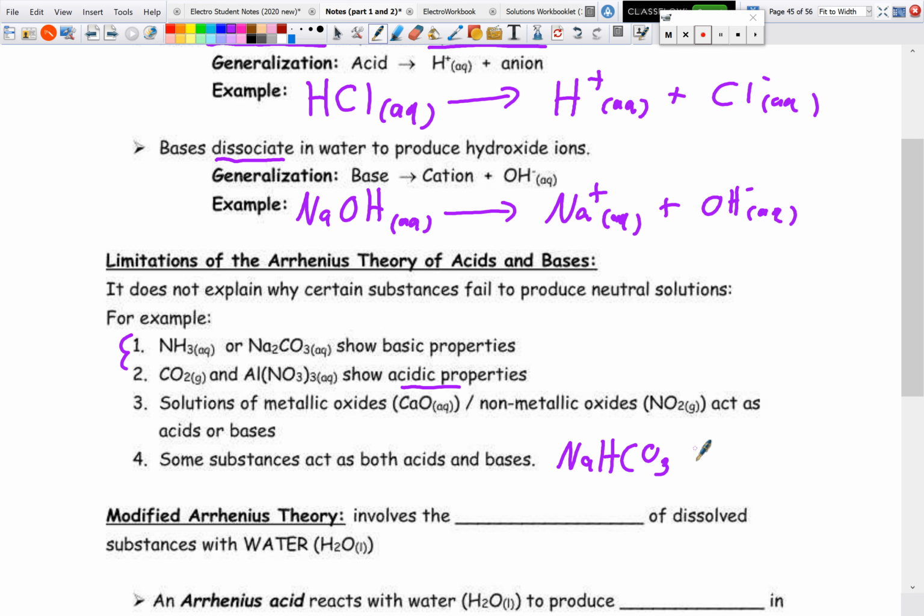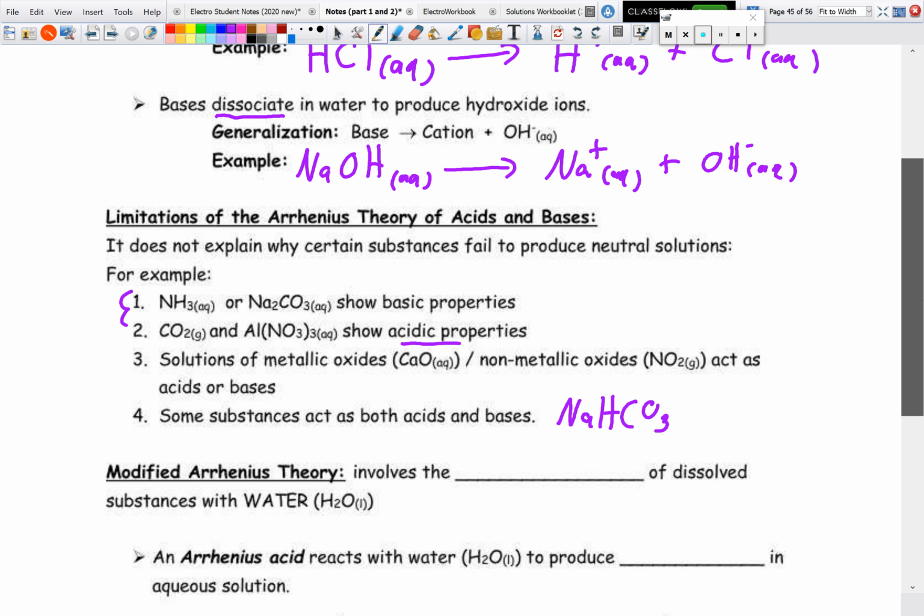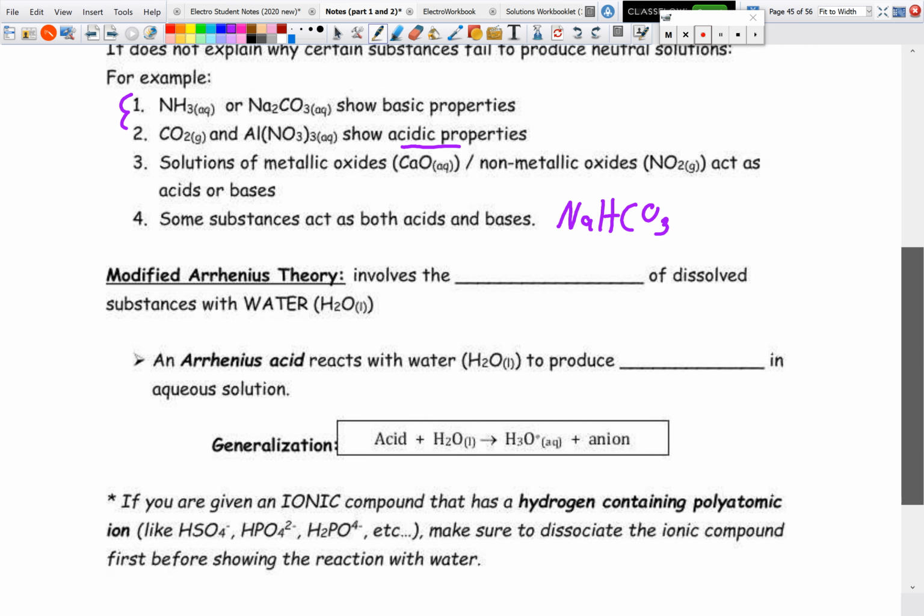If it's paired up with water, it'll be basic, but if it's paired up with hydrochloric acid, it'll neutralize it, so then it acts as a base. Or if we pair it up with sodium hydroxide, it acts as an acid, because it neutralizes sodium hydroxide. It's a funny little thing. So, because of that, we need to modify our Arrhenius theory.